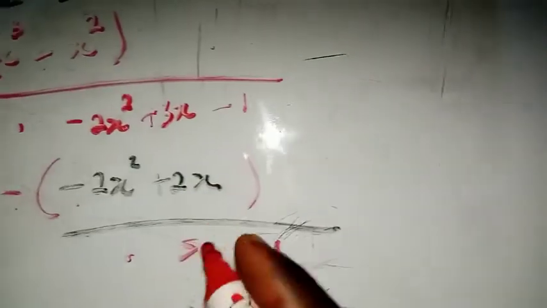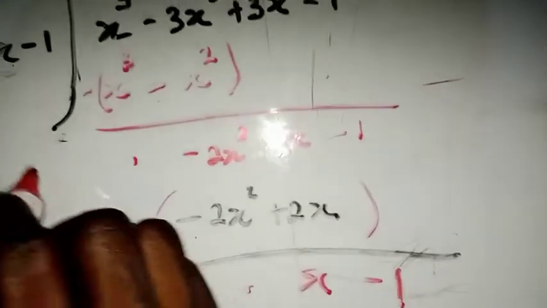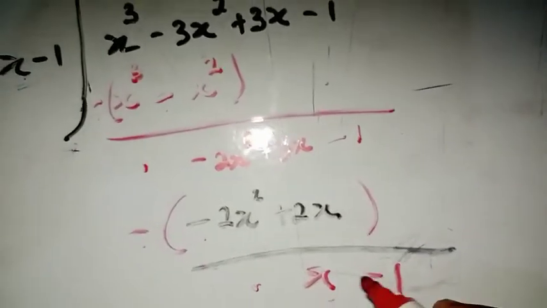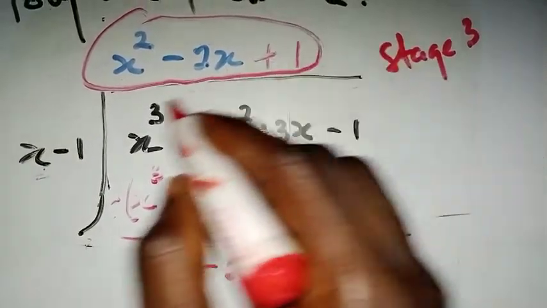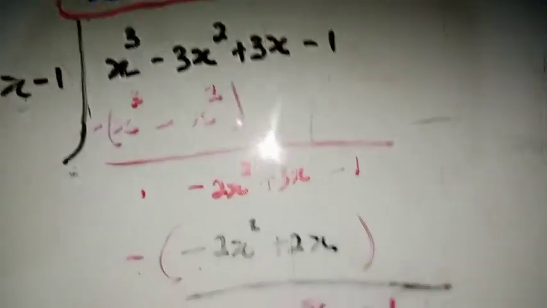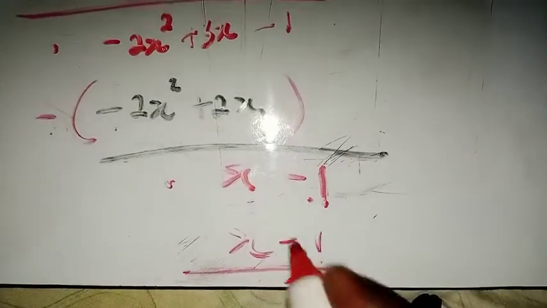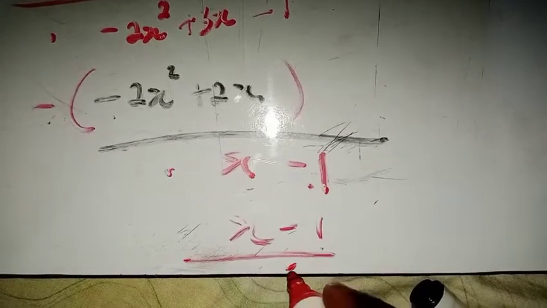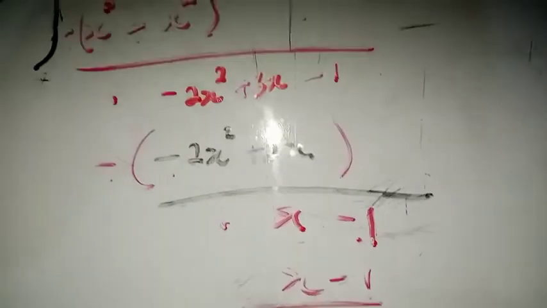So if you subtract this thing, I have the answer to be x minus 1. So how many times can this x minus 1 go into x minus 1? The answer here is just 1, right? So positive 1. So you use your answer to multiply everything here. So after multiplying, you are going to have x minus 1 at the end here. So you subtract. If you subtract it here, you should have your answer to be 0, right? Because this one minus this one will give you 0.